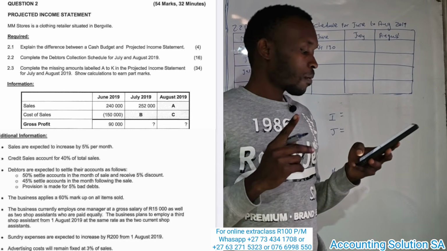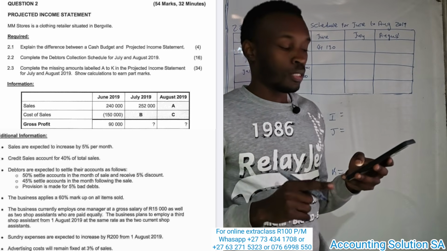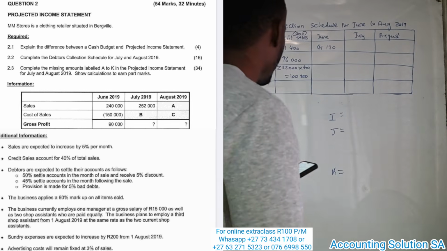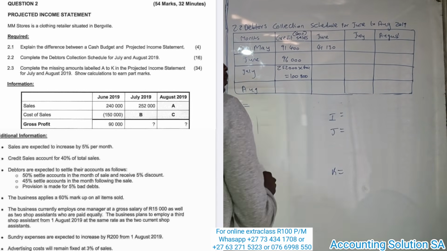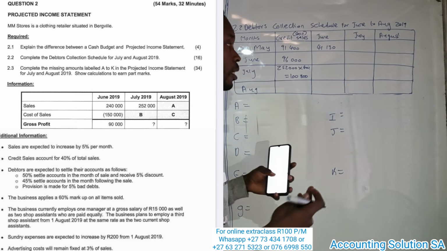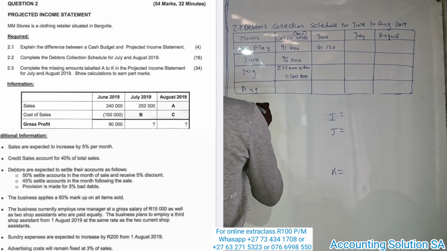But it's not a problem because they said sales are expected to increase by 5% every month. In July 2019, it was 252, which means that we can calculate number A as well in this case, because it asks us to prepare the sales for August.